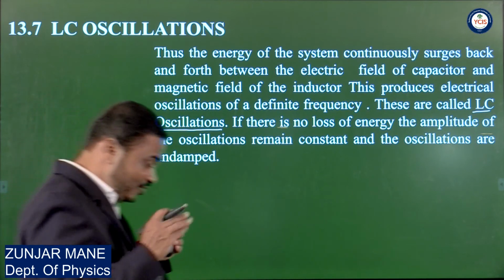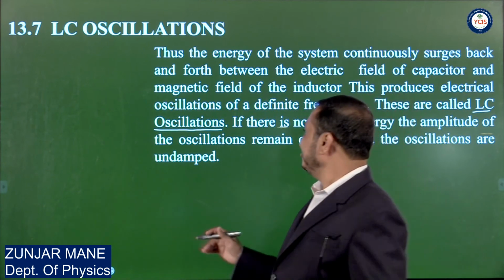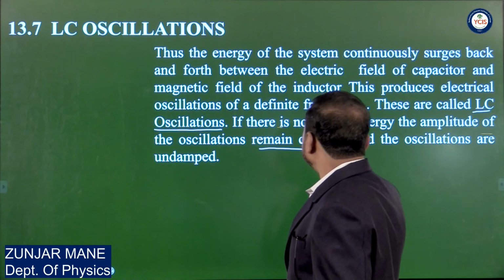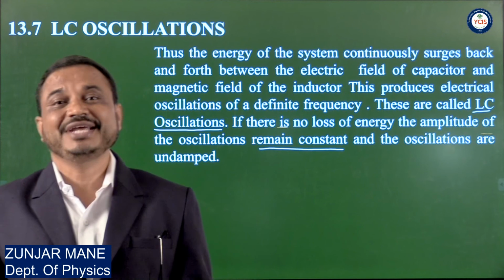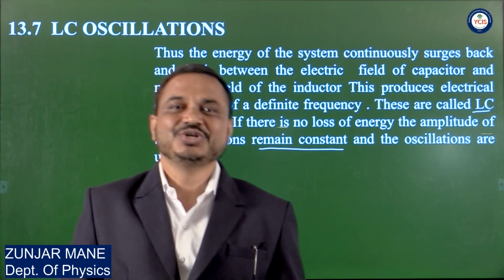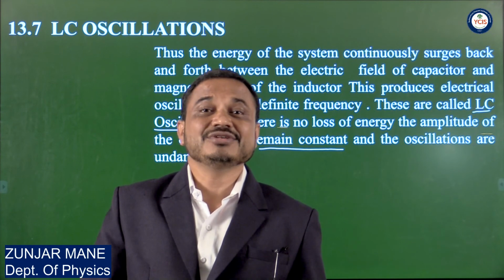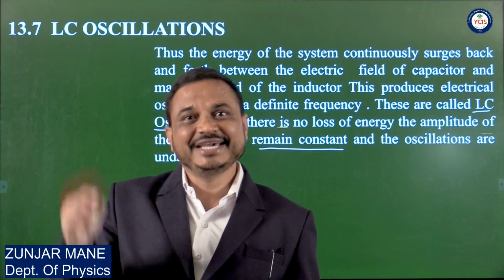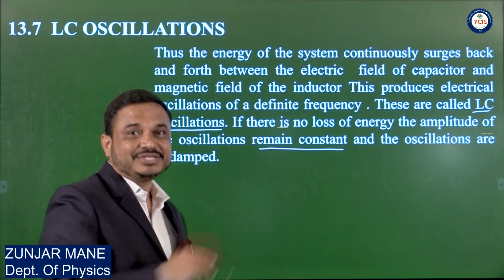If there is no loss of energy, their amplitude remains constant and these oscillations are undamped. But practically there is some resistance in the inductor, and there is a loss of energy in the form of heat, and the amplitude goes on decreasing and dies out. So they are damped oscillations.